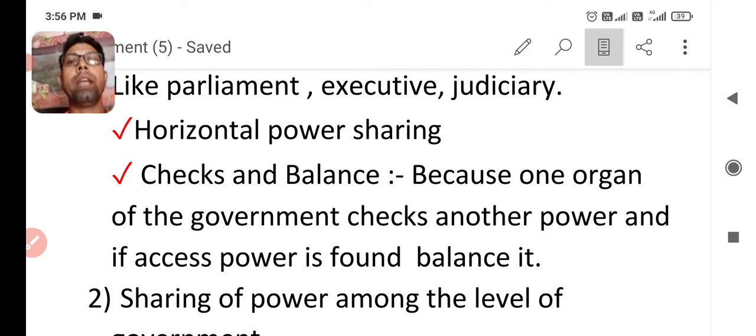So this system is known as checks and balances, because one organ of the government checks another's power, and if excess power is found, it balances it. I think you got the point.